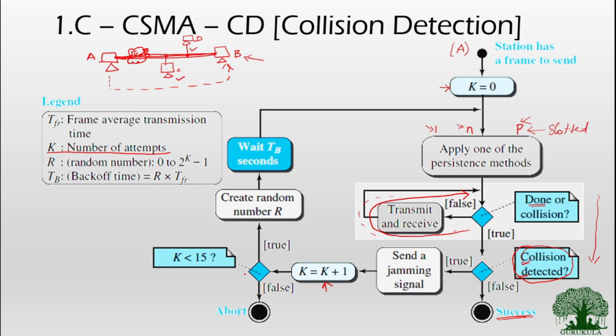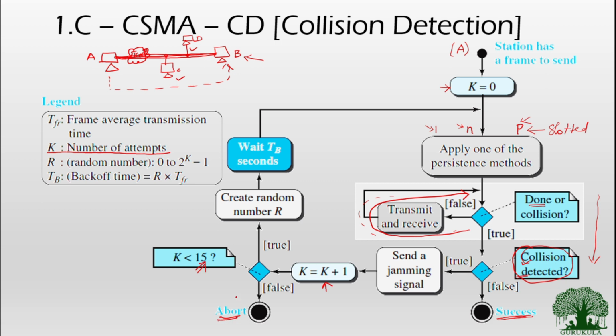In our example the maximum number of attempts is 15. If it reaches 15 attempts, there is no point in trying again and again. There might be a permanent failure on the network, so the transmission has to be aborted.